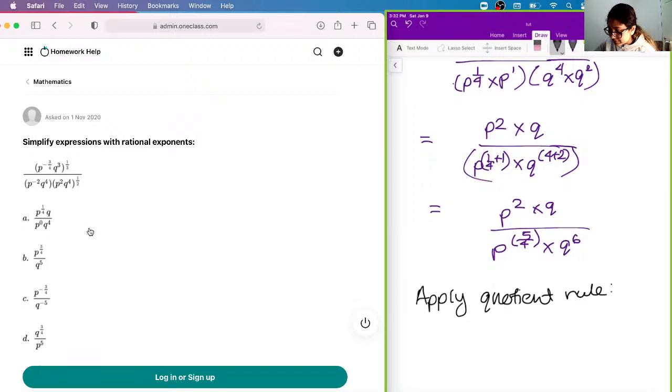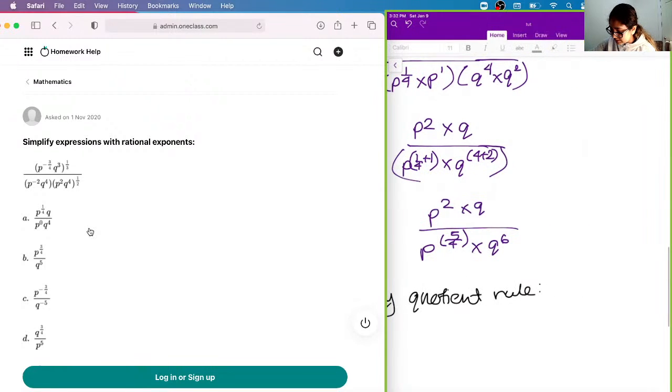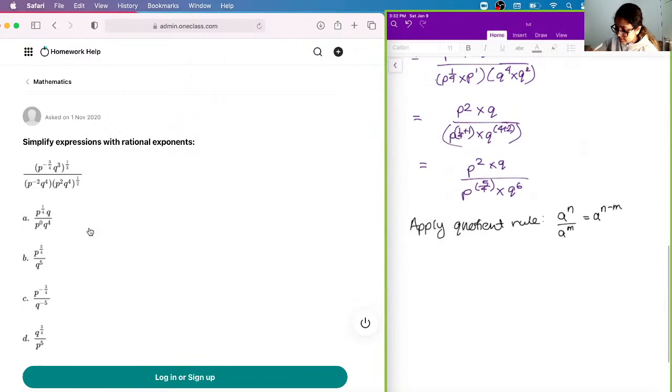You guys recall that the quotient rule states a to the power of n over a to the power of m is basically a to the n minus m.